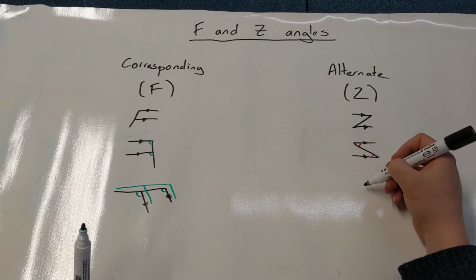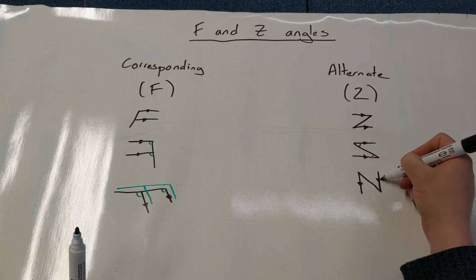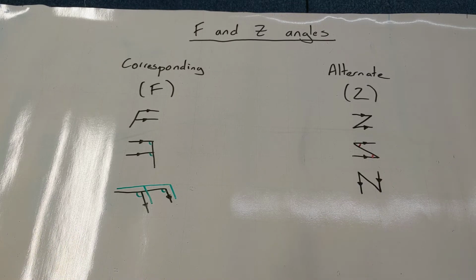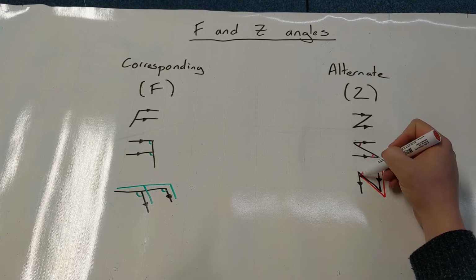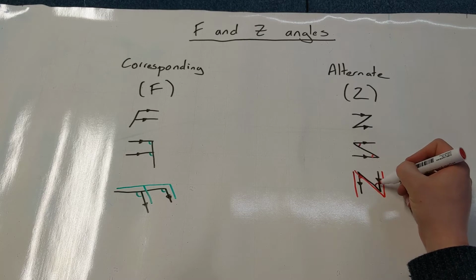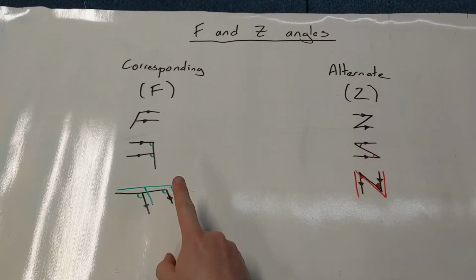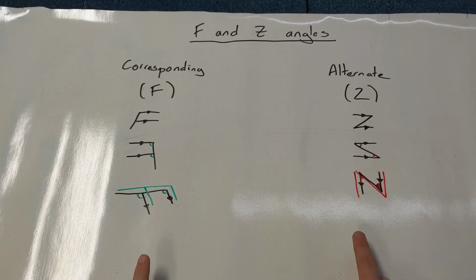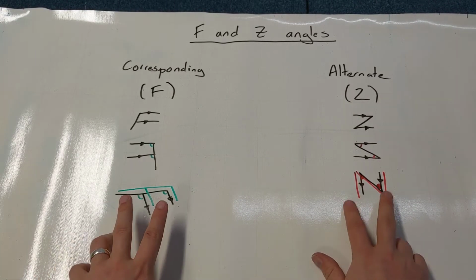If we had a Z shape that looked like this, it's on its side, but there is still this Z shape to it. And so that means the angles inside would be the same. So it doesn't matter about the orientation of the F or the Z, as long as you can see that F or that Z shape in them, it allows you to work out those angles because they match.